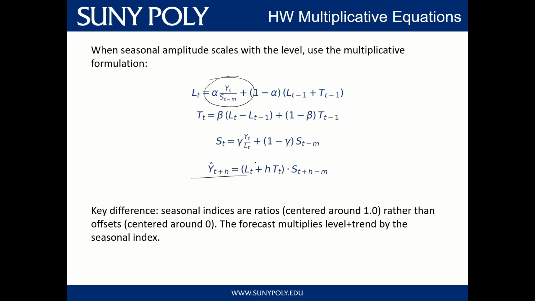Since this is not linear, now we have L plus hT, which is similar. What's changing now is that the seasonality factor is multiplying. It's multiplying. So typically the seasonality will be around 1. So if it's below 1, it means that it's low demand in the cycle, low values in the cycle.